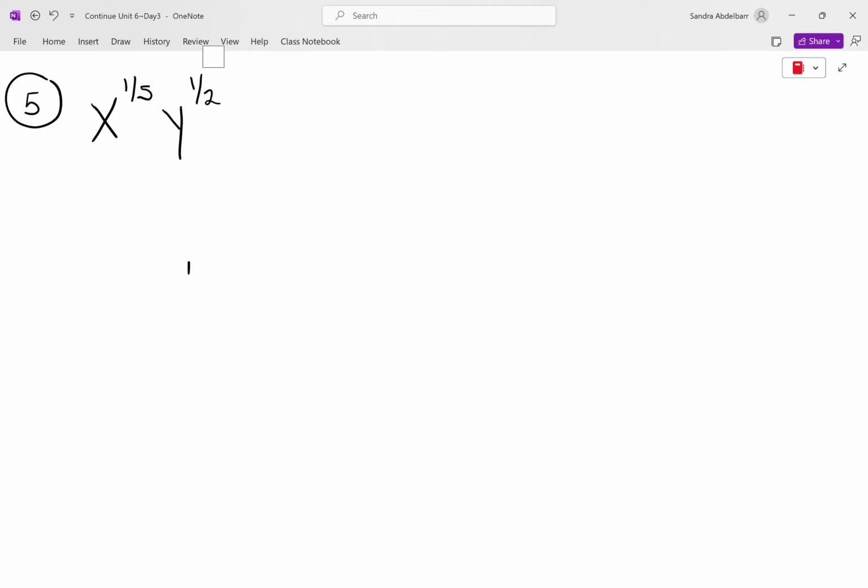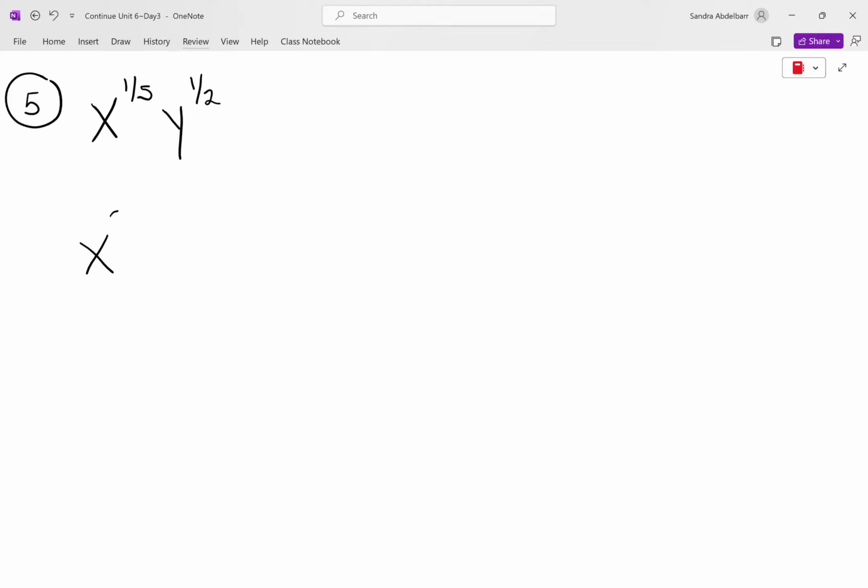But in exponential, their exponents are written as fractions. And can't a fraction be written in multiple ways but still have the same value? Absolutely. So what I'm going to do to be able to put them under the same radical is create a common denominator. And what's a common denominator of 5 and 2? 10.